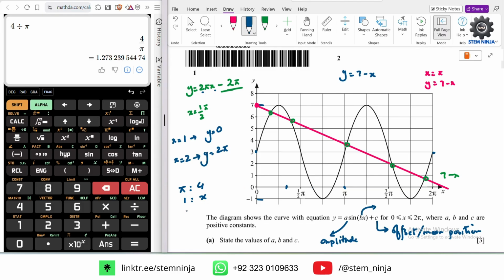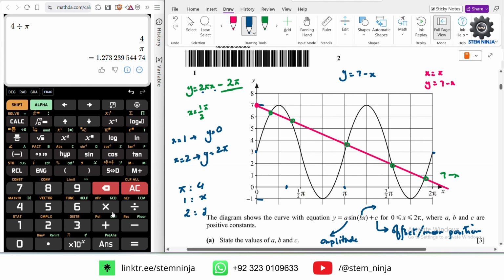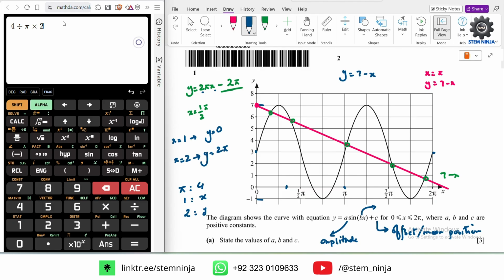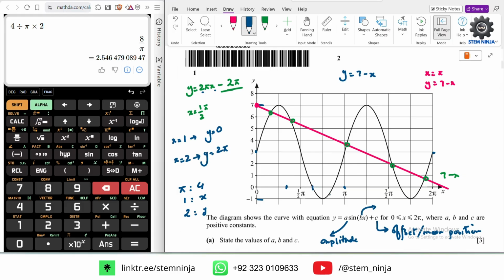And for 2, it's 8 over pi, so roughly 2.5.